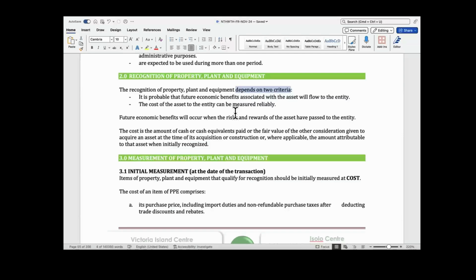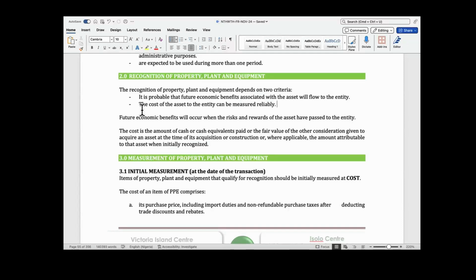Number one, it's probable that future economic benefit associated with the asset will flow to the entity. You don't have to put it word for word. The key thing is that the item would generate future economic benefits to the company.